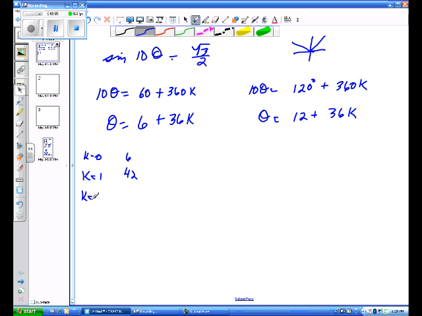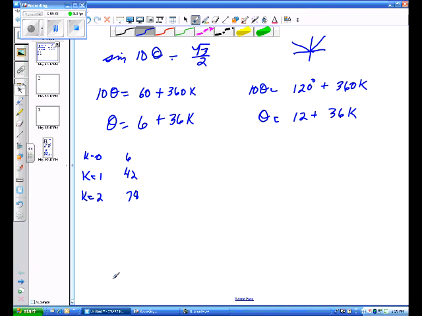If k equals 2, then all you have to do is add another 36, and it would be 78, because it's 2 times 36, 72 plus 6, but it's just another 36. And so you could keep going, just adding 36 each time until you had all 10 of your solutions. But it's not something that's really hard to do.